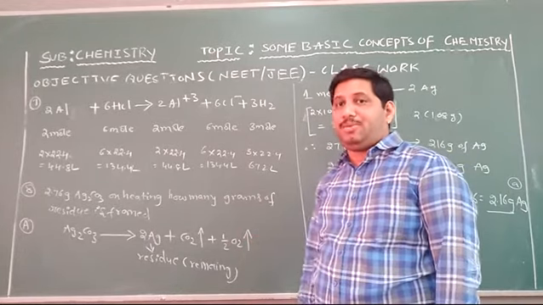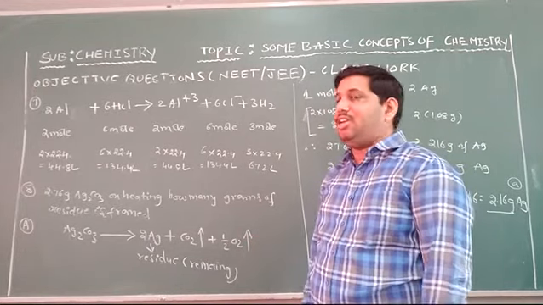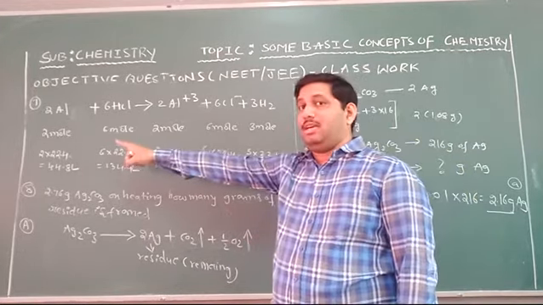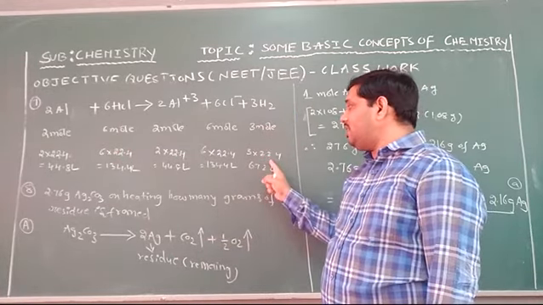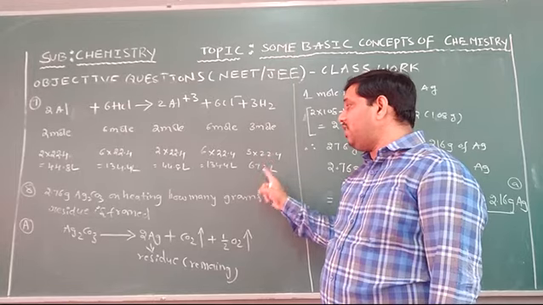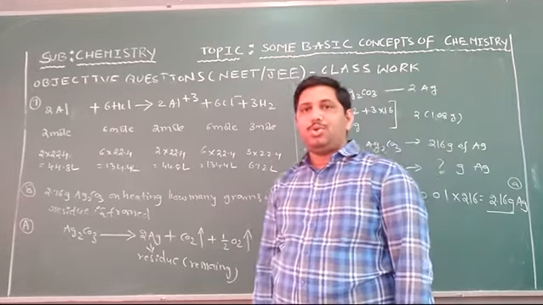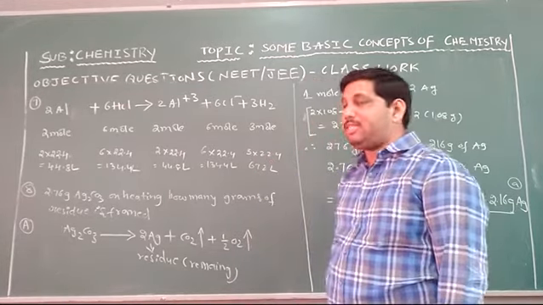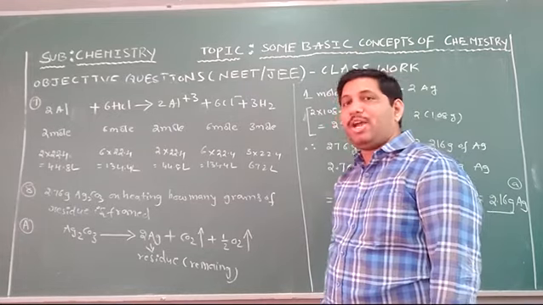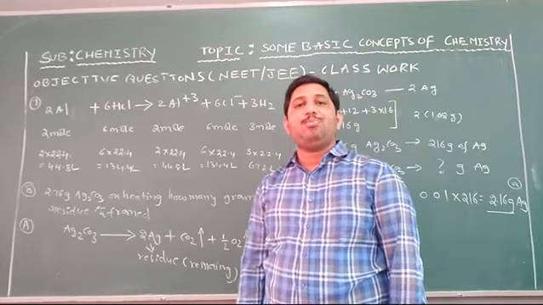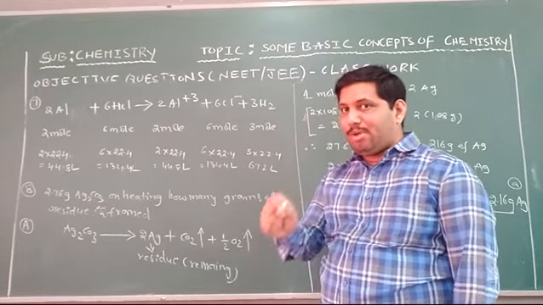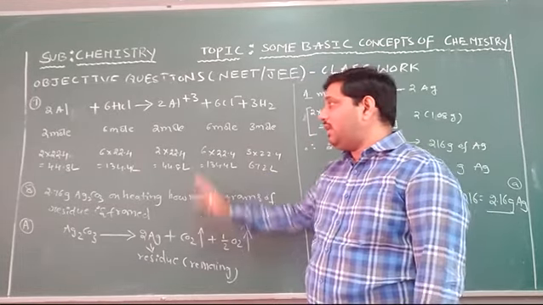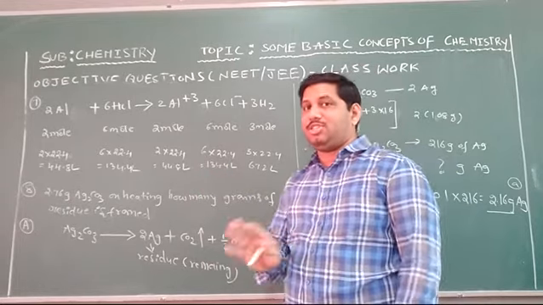If STP condition is mentioned, for 2 moles of aluminium, 3 moles of hydrogen is obtained, that is 22.4 into 3, that is 67.2 liters. For 2 moles 67.2 liters, for 1 mole 33.6 liters of hydrogen is obtained. Remember, student, if STP conditions are mentioned, the volume statements are correct, otherwise they are not correct.